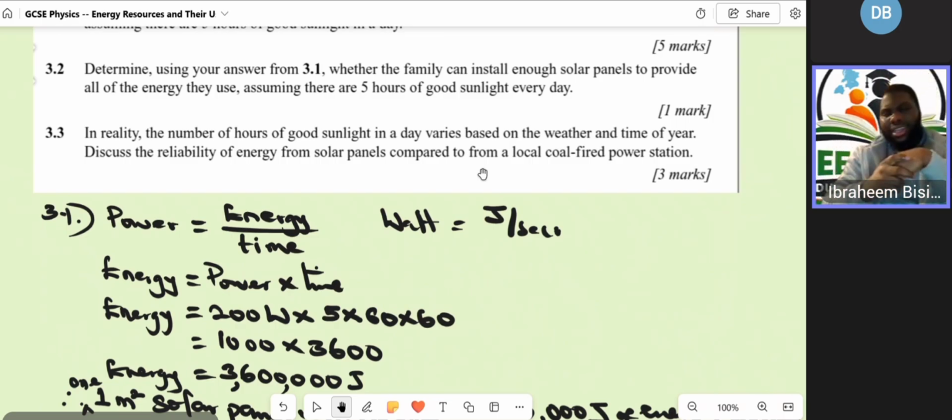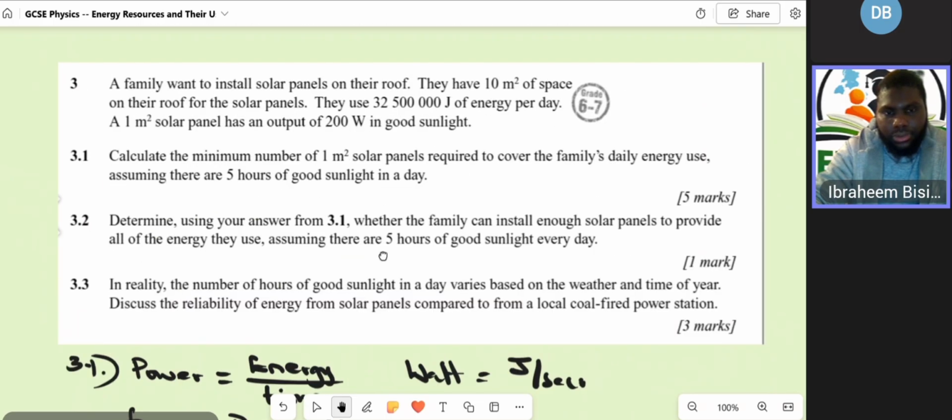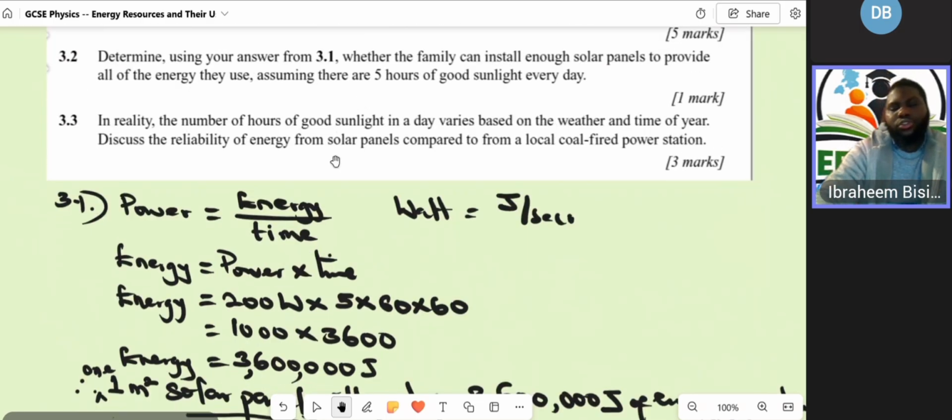To quickly answer this, you are asked to discuss. So a good approach is to look at the instances where the solar energy can be reliable and instances where it may not be reliable.